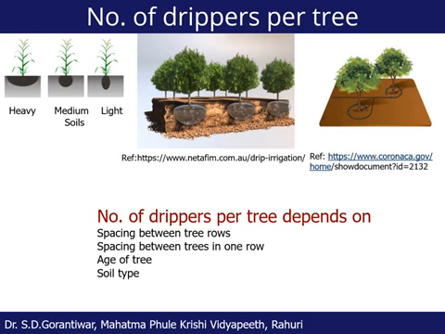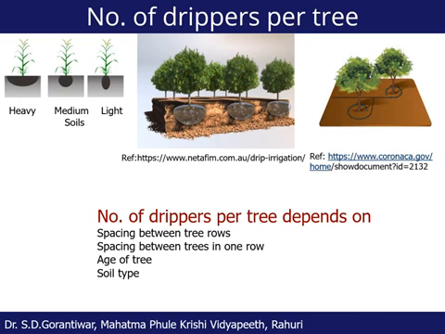If we go into the second year, maybe the pomegranate plantation on heavy soil will need 2 emitters, whereas pomegranate plantation on light soil will need 3 emitters. And as we go further, the number of emitters will go on increasing till the entire canopy is stabilized. So this is how we have to consider the number of drippers per tree.